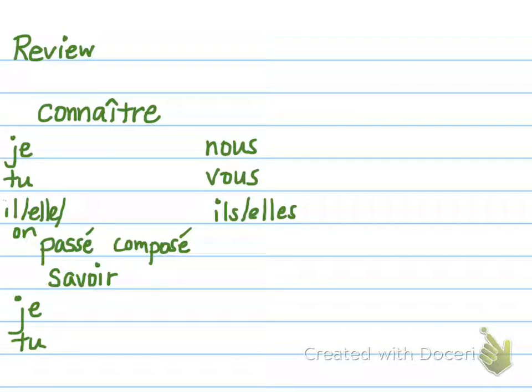So the very first irregular verb that was in this lesson was connaître, which means to know.